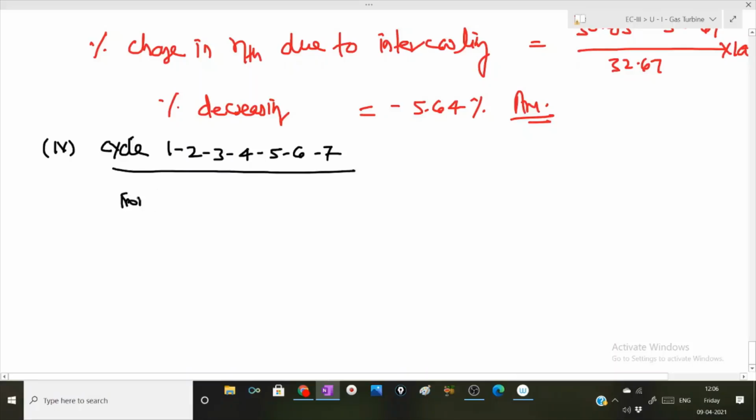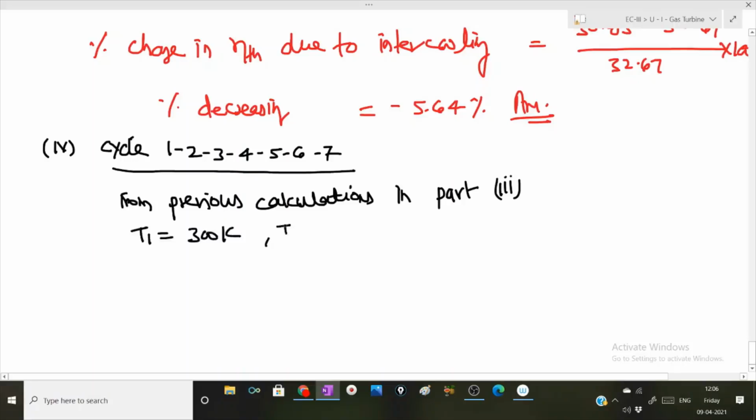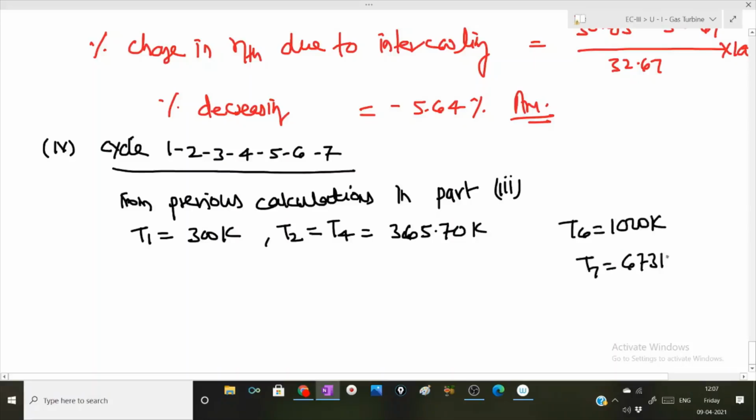Now from previous calculations in part 3, T1 will be 300 Kelvin, T4 will be equal to 365.70 Kelvin, T6 will be 1000 Kelvin and T7 will be 673 Kelvin, and similarly T3 is equal to T1 is equal to 300 Kelvin.